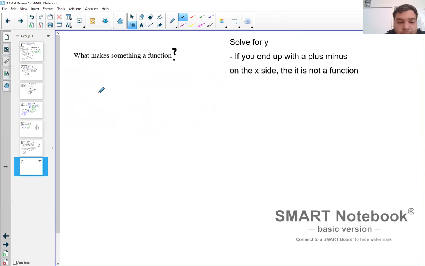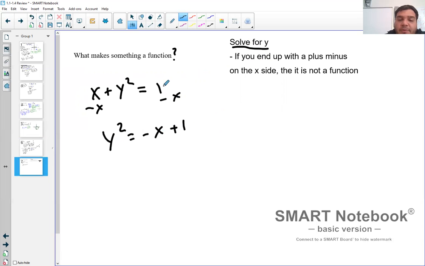So for example, x plus y squared equals 1. Let me solve for y. Solve for y means get y by itself. So I'm going to subtract x on both sides. So y squared equals negative x plus 1. If you wrote 1 minus x, that's totally fine.